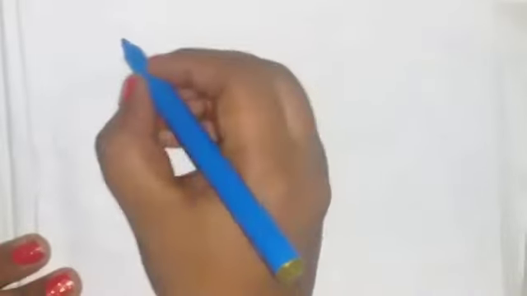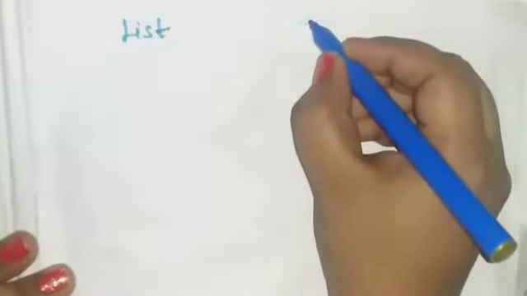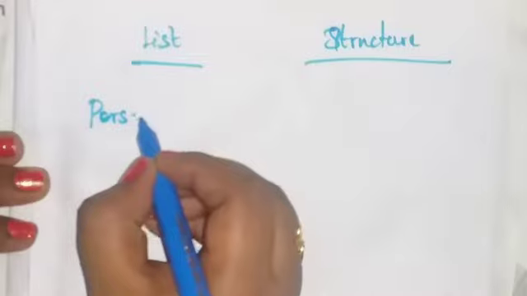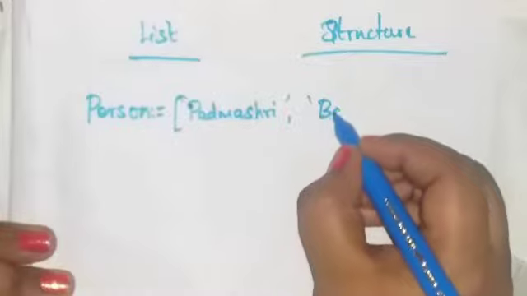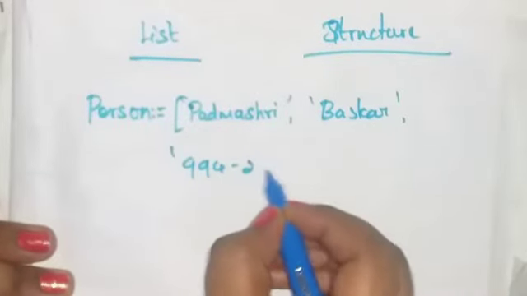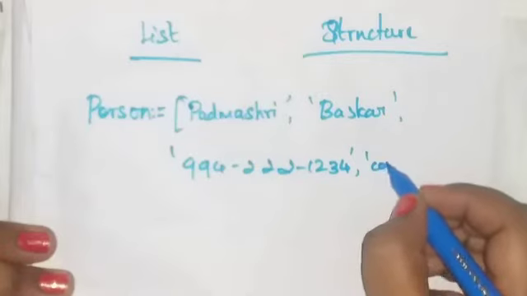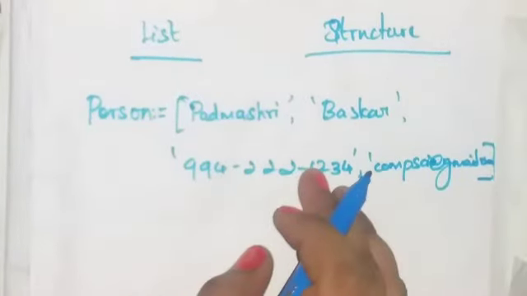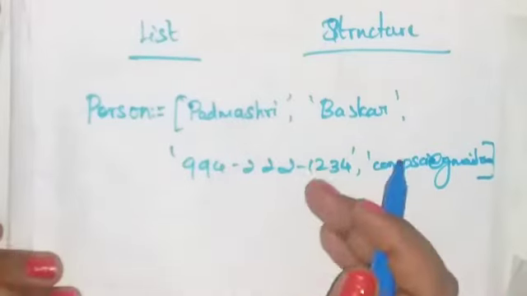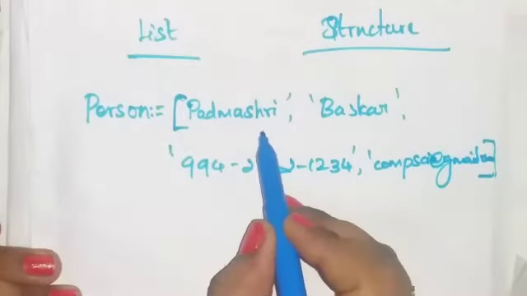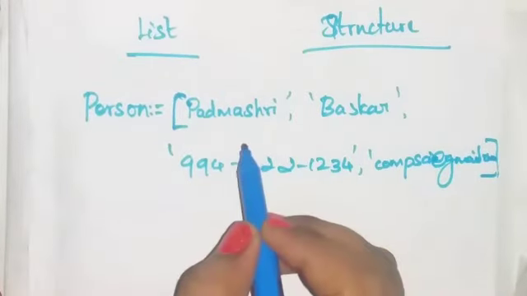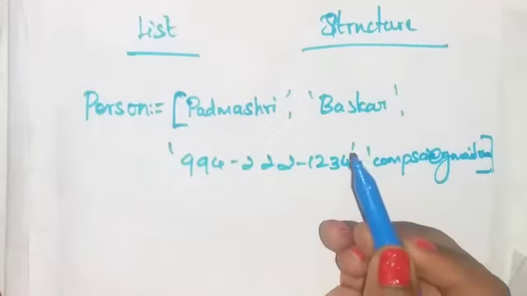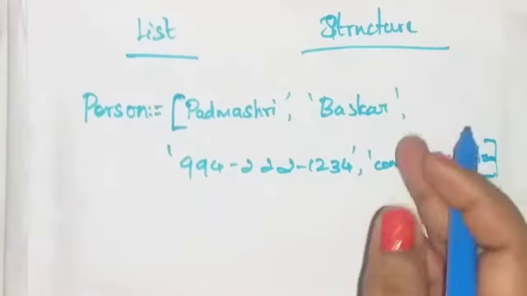I am writing list here and structure here. If you want to store the information about a person, first name, last name, mobile number, email ID, in a list, you can write like this. These are the elements stored in a list. Each element is bound to a different name.